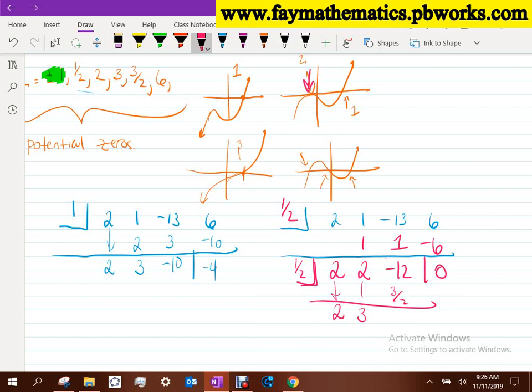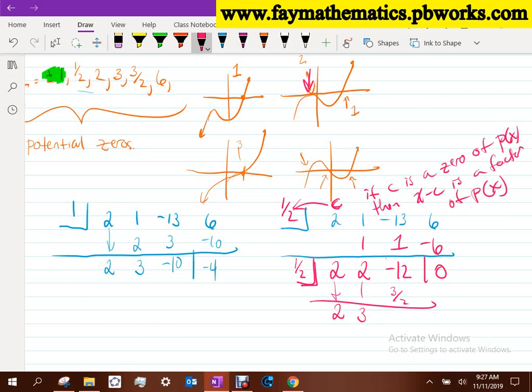So if 1/2 is the 0, what is the factor that it came from? That's my C value, right? If C is a 0, and we had the theorem last week, if C is a 0 of P of X, then X minus C is a factor of P of X, right?